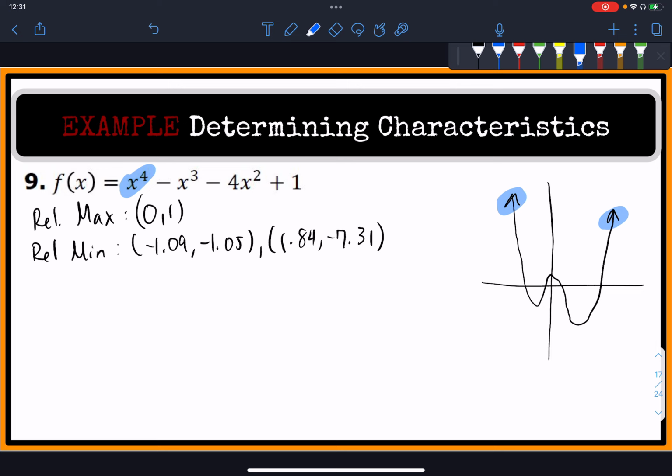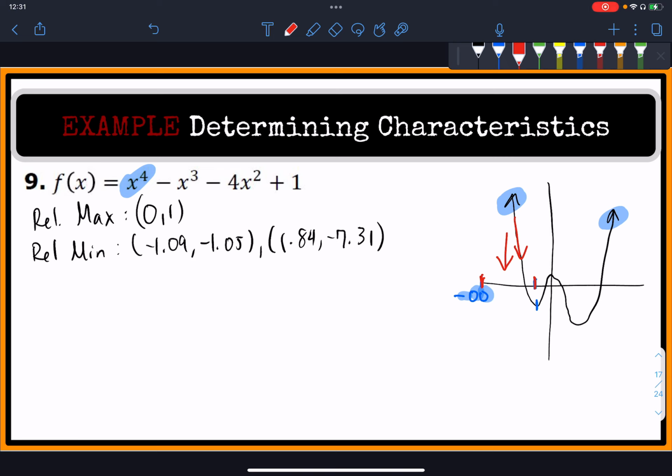And let's see where the function is increasing and decreasing. From negative infinity until we reach this turning point, the graph is moving down from left to right.